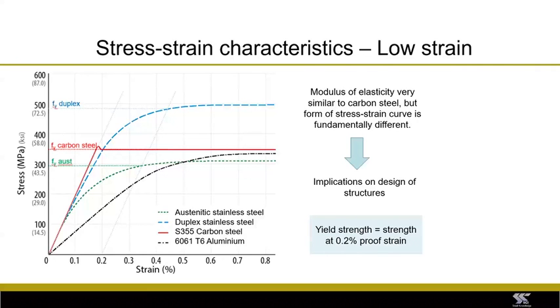And this is a conventional metric used for any metals that have non-linear stress strain characteristics like this. It's not something special for stainless steel. Other metals like aluminium, you would use the strength at the 0.2% proof strain. So that's what's tabulated in your product standards.